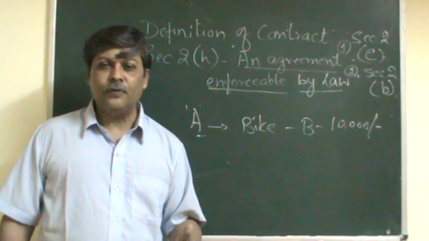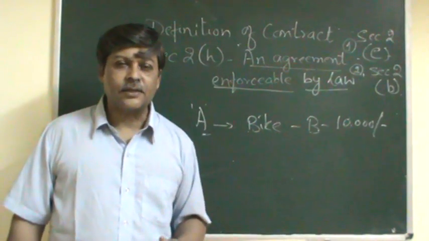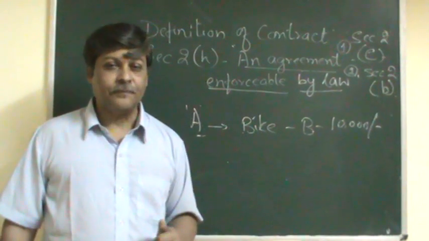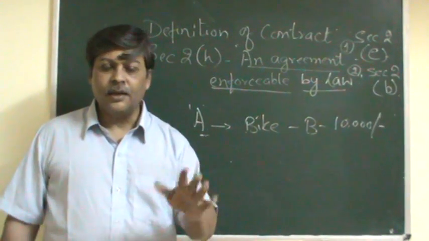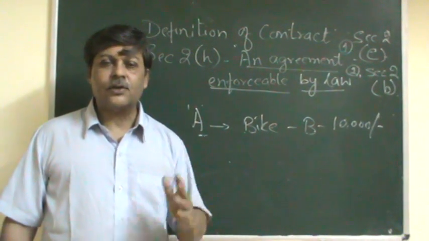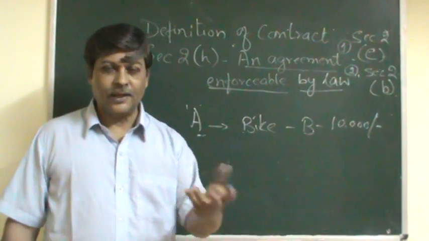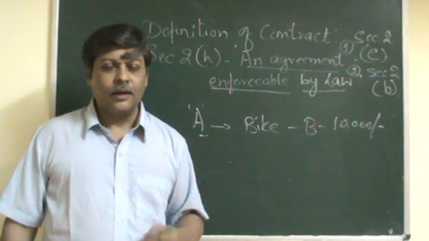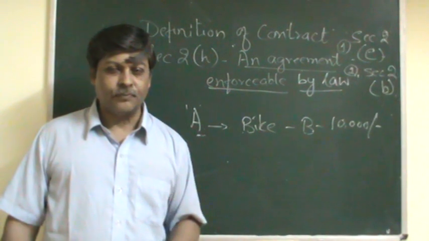Even sometimes, many agreements may not be contracts. If they are of a social nature or of a domestic nature, then the agreement is not enforceable in the law. Just one example I will take. Y invites his friend Z for a dinner at a restaurant.